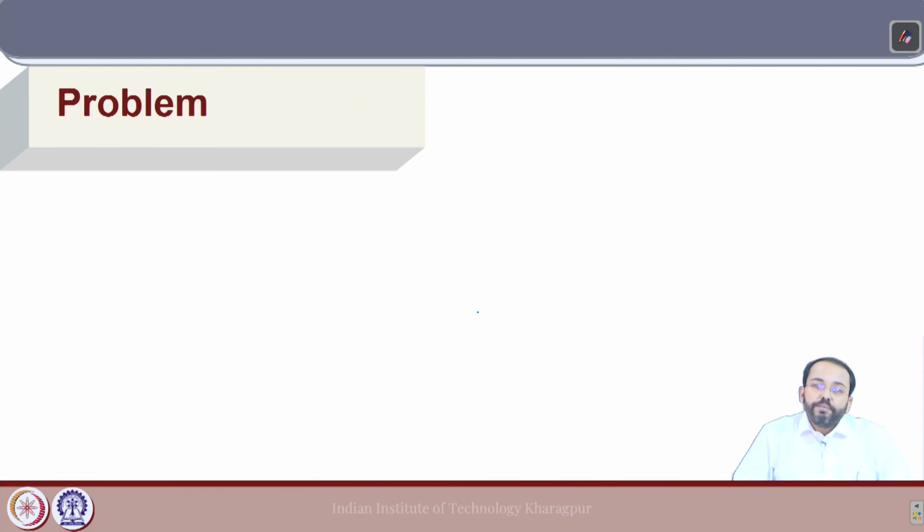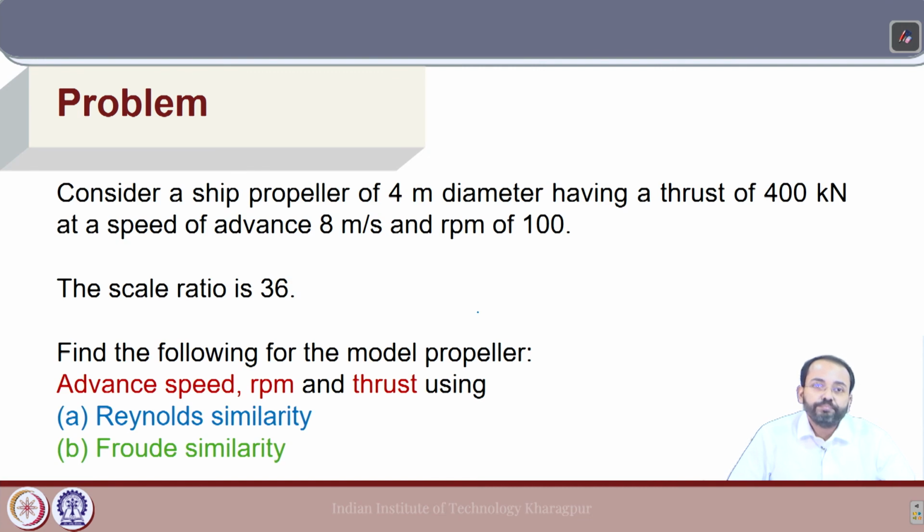Now, we will do a simple problem based on the model and full scale values of propeller velocities and forces and how we can use these Froude number and Reynolds number similarity to calculate the values.